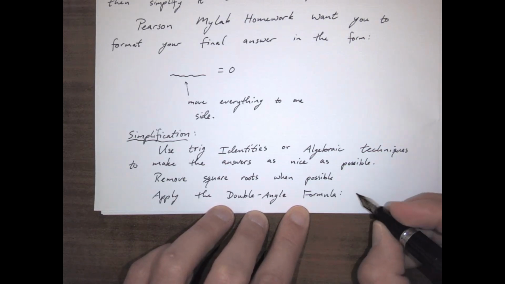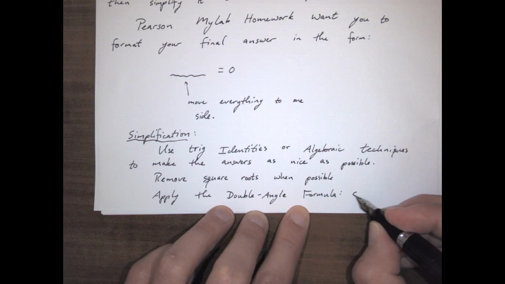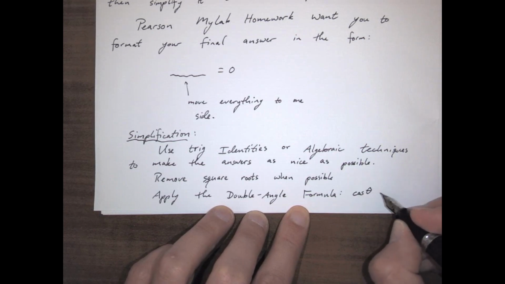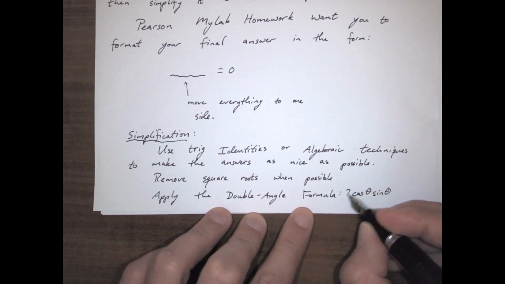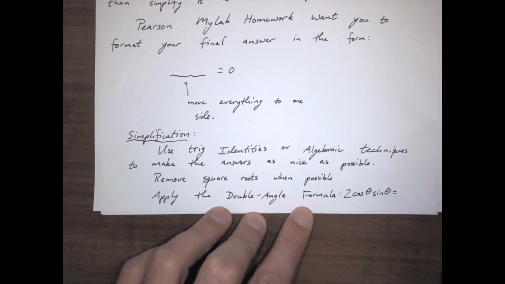So this would be 2 times cosine theta sine theta is equal to sine 2 theta.